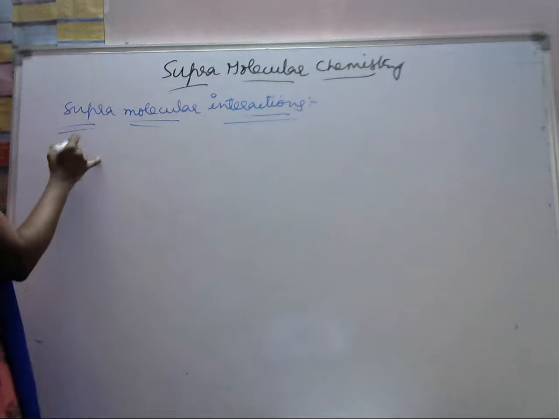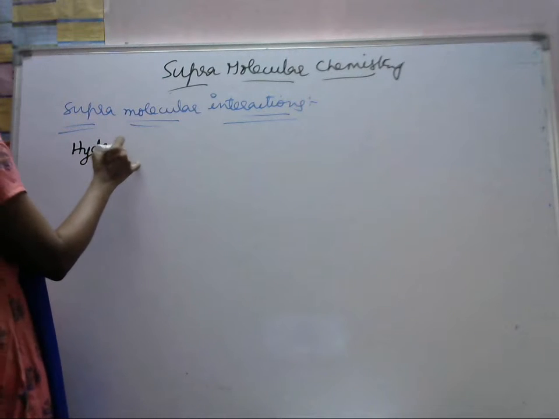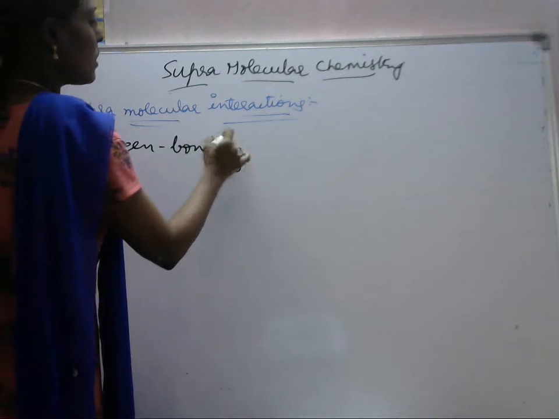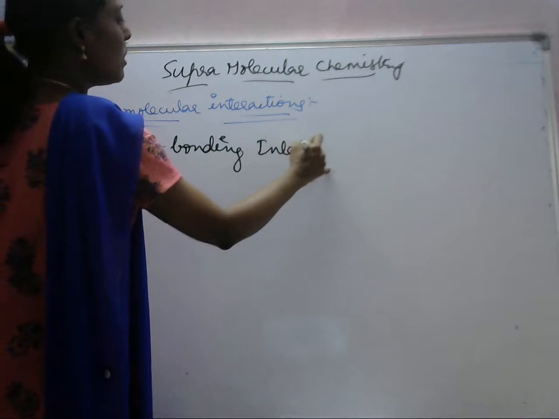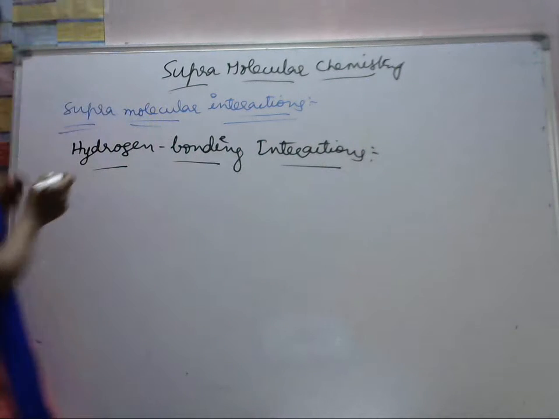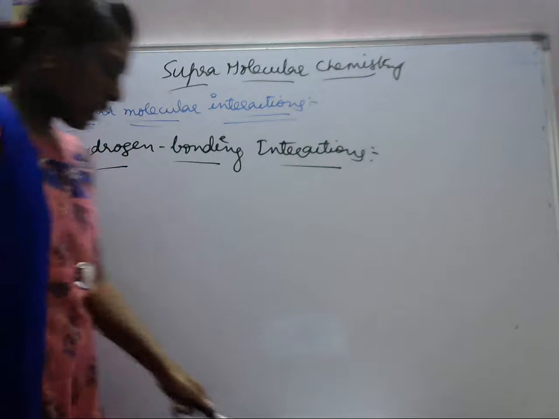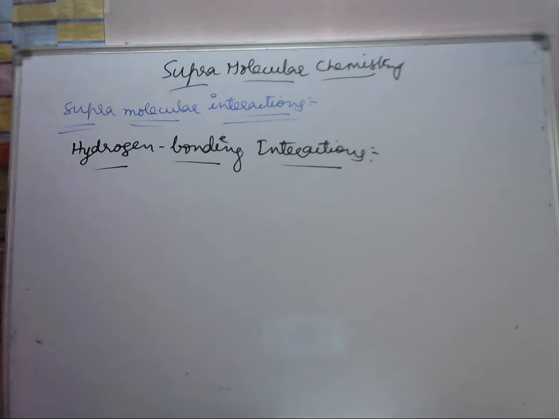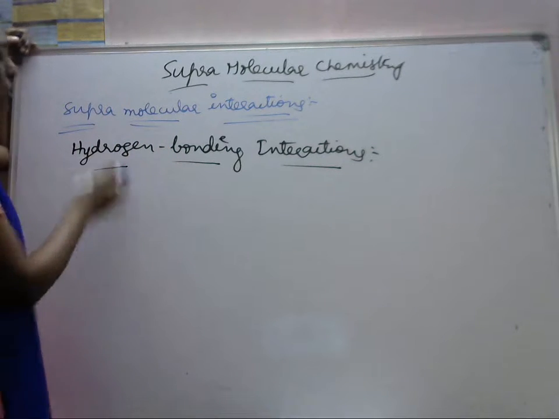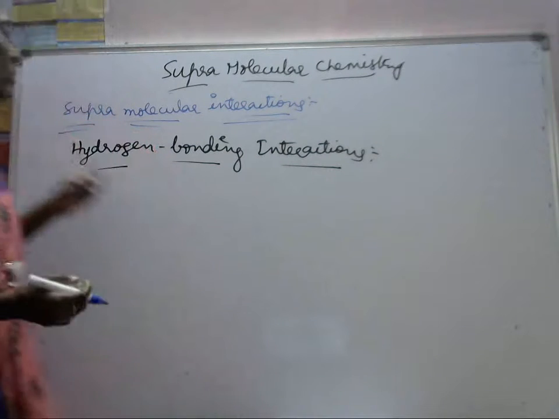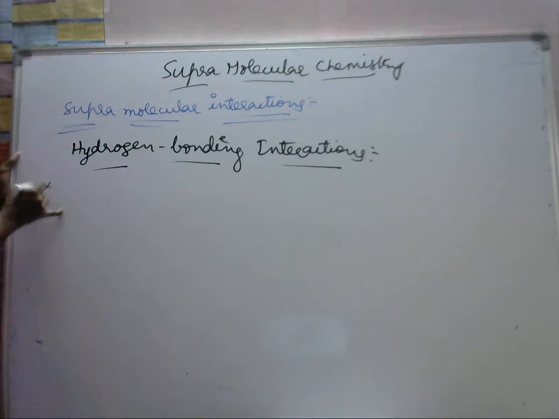Let's see this one, hydrogen bonding interactions. It is an important non-covalent interaction, because you can see hydrogen bonding is present everywhere. That's why it is said to be important.